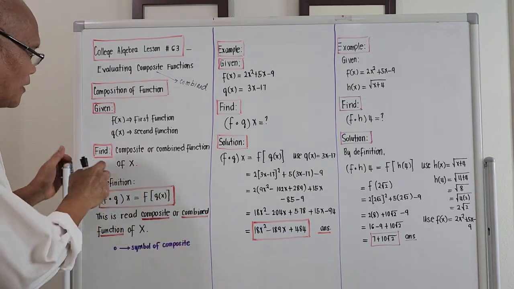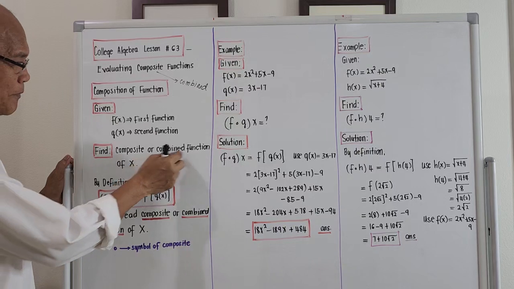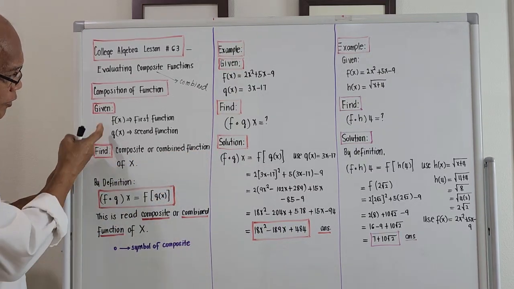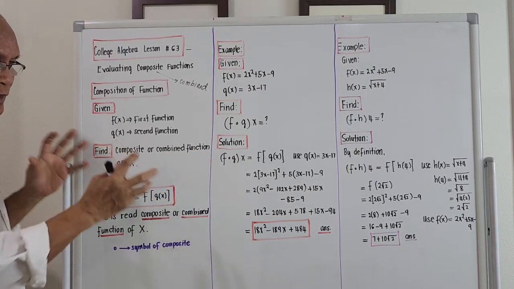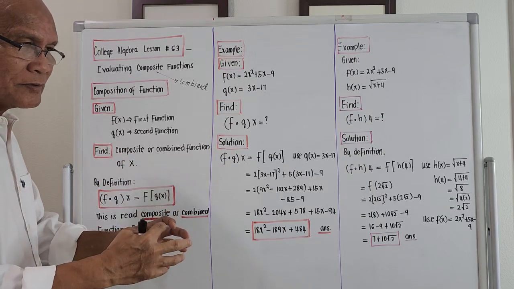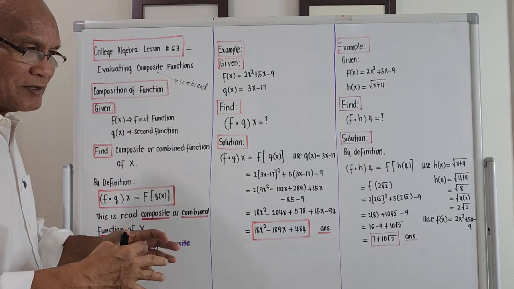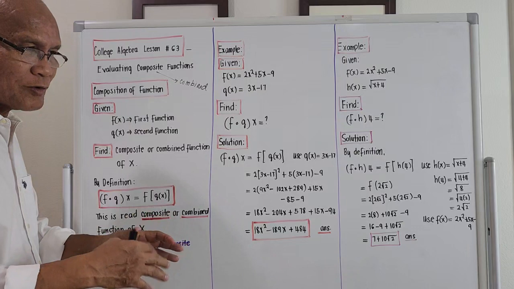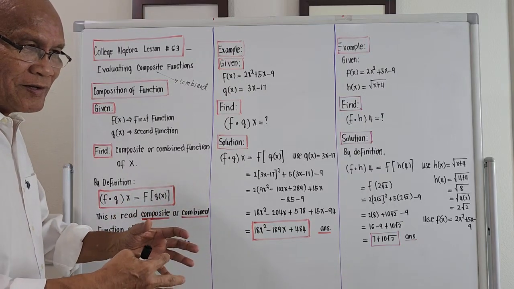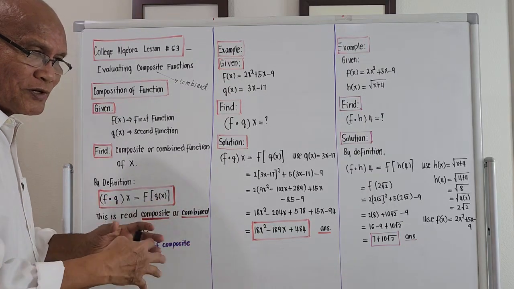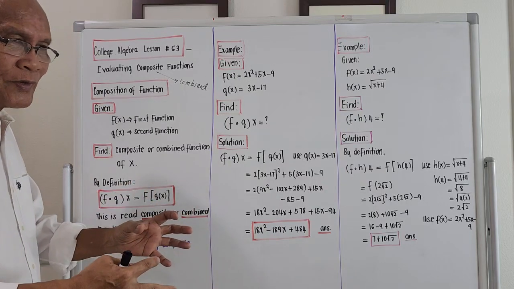And the problem is asking the composite or combined function of x. If we are given these two functions here, if we are to combine it, we term it as the combination, which is actually a composition, right? So composition is just like a combination.